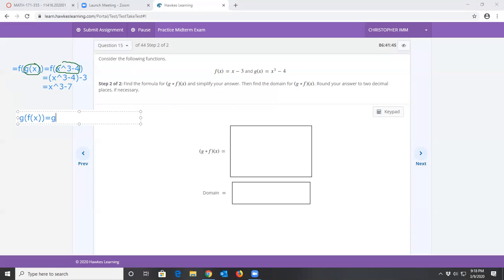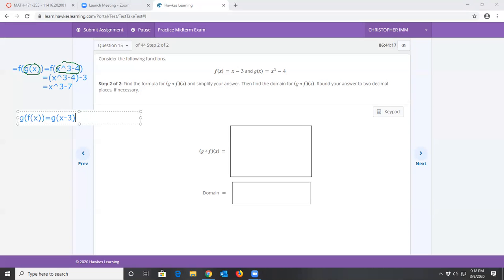Like you're just plugging in x cubed minus 4 minus 3 for f, right? So now I'm plugging in f of x as my inside function. So I'm plugging f into g. So this is g of f. Okay, so it would be x minus 3 minus 4. The x minus 3 is going to be the input, right?